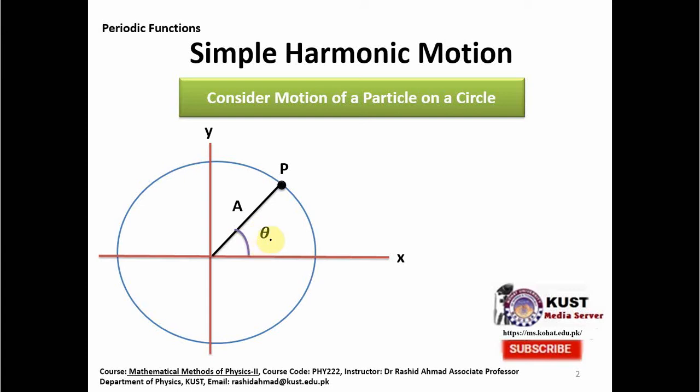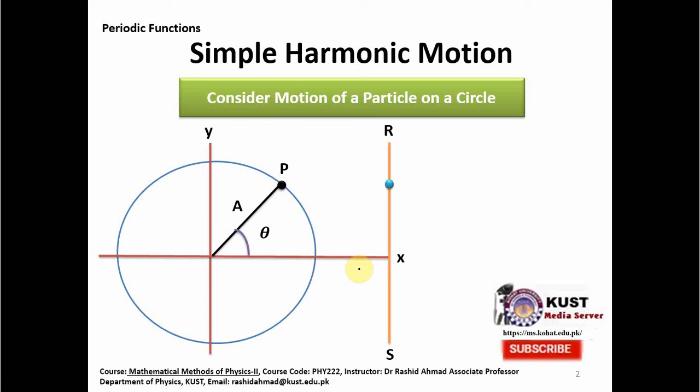We will talk about this in detail later. Now we draw another line, a vertical line, parallel to the y-axis, and let's call this line RS for the sake of description.